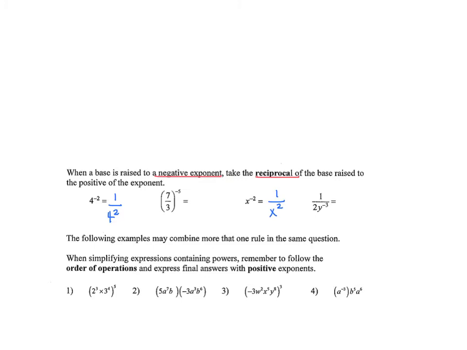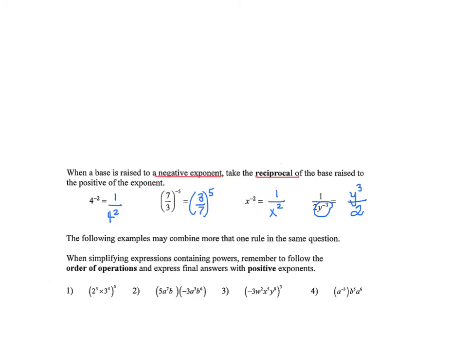When the base is a fraction, as in the second one, the shortcut there is to flip the fraction and make the exponent positive. And when you have a negative exponent, as we have here, as part of the denominator, if you move that piece, so the y to the negative 3, to the numerator and make the exponent positive, then you can leave the rest of the denominator there.